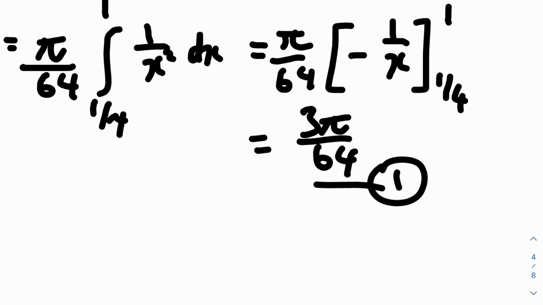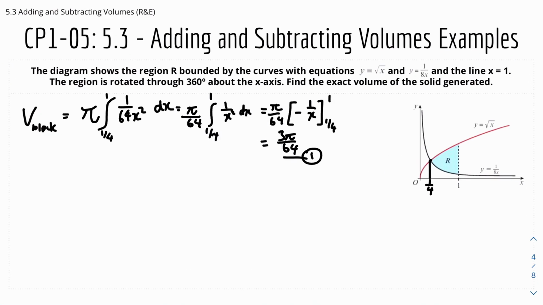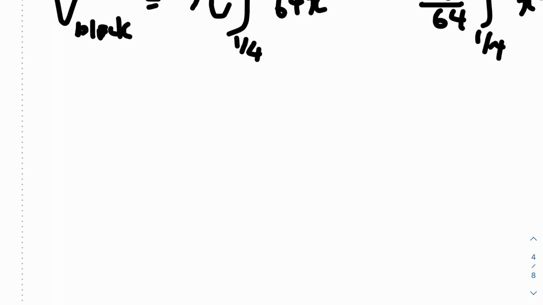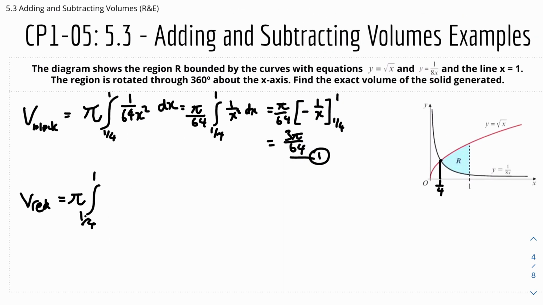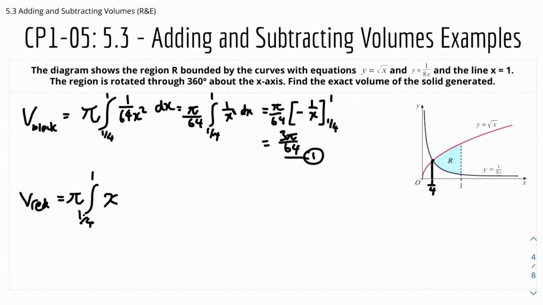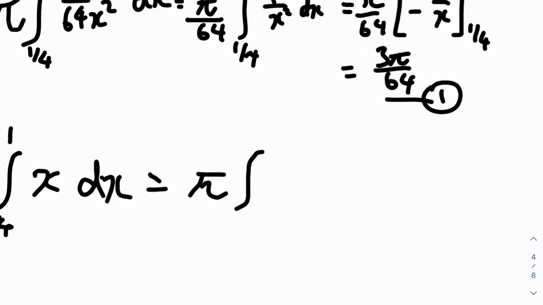That's number 1. So for the volume under the red curve, V red will be equal to pi times the integral from 1 over 4 to 1 of y squared, which is basically x dx, equals pi times the integral of 1 over 2 x squared from x equals 1 over 4 to x equals 1.